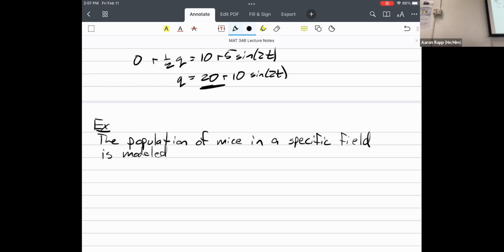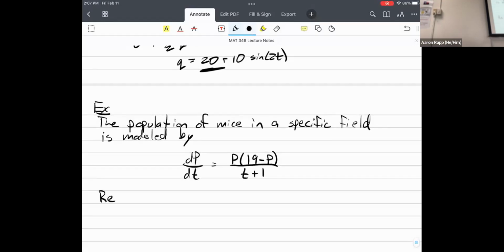So this is modeled by the change of population, which I'm going to use as a capital P, over change in time, is equal to P times 19 minus P, all over T plus 1.